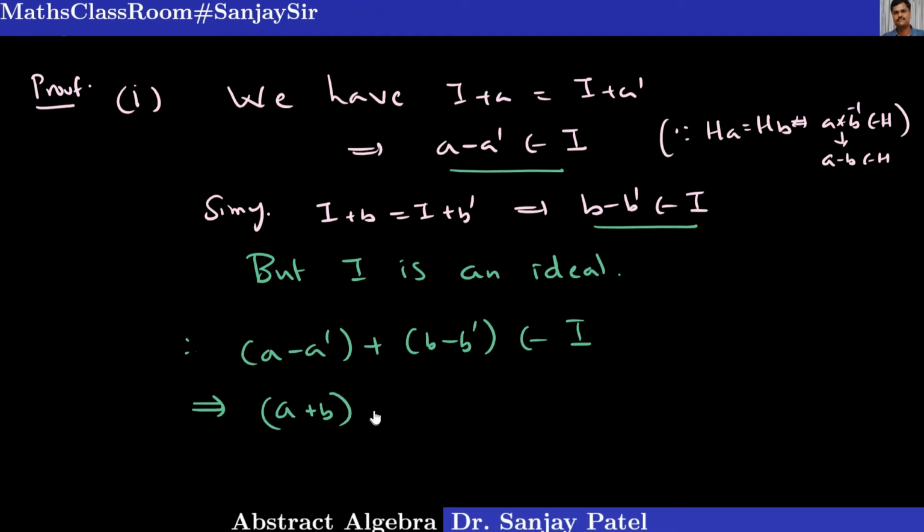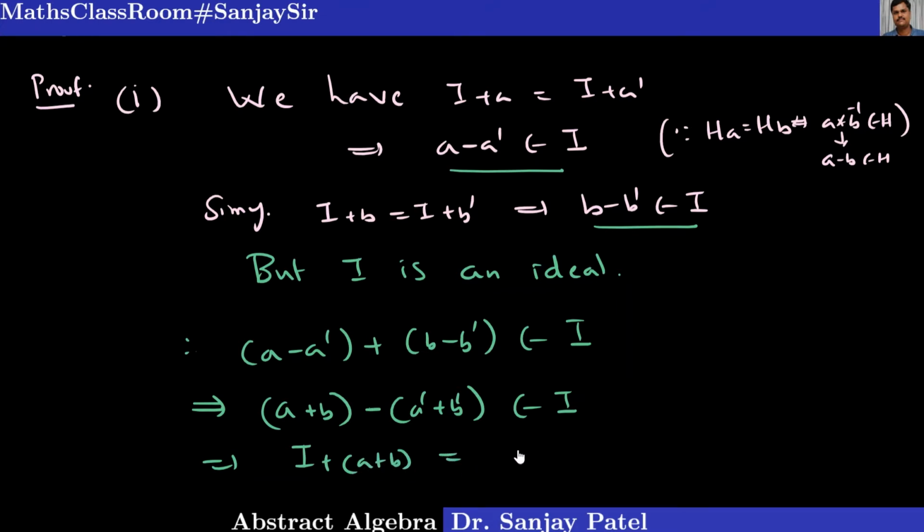I can write A plus B minus A dash plus B dash belongs to I. And whenever we have X minus Y belongs to I, I can write I plus X is equal to I plus Y by the properties of cosets.